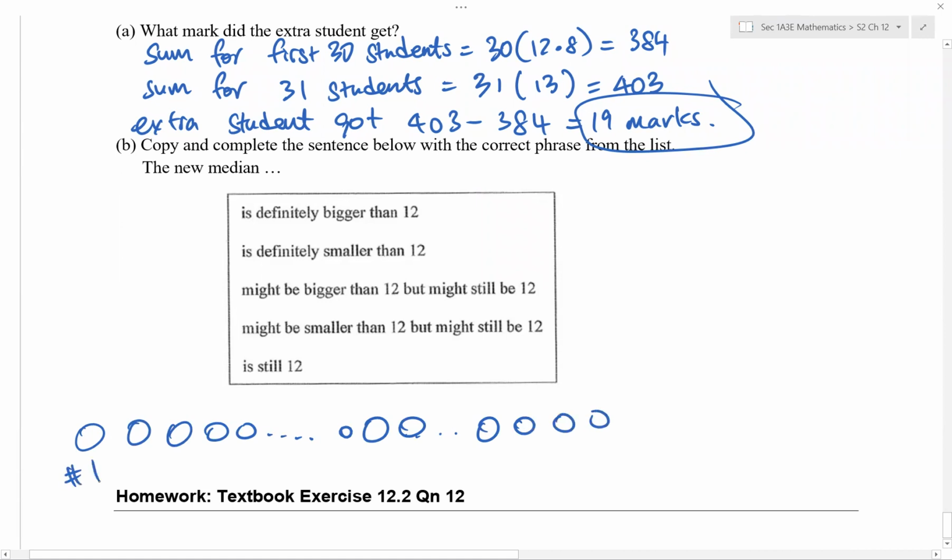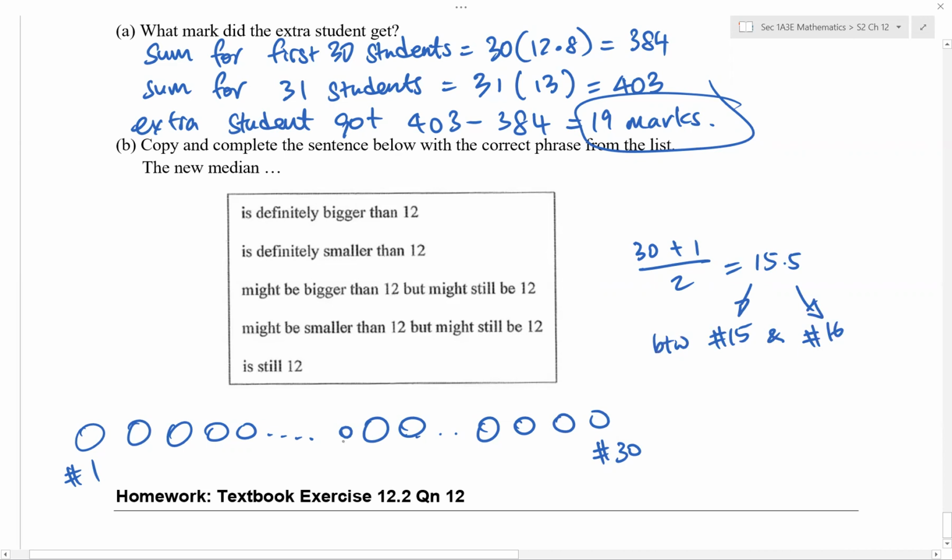This is student number 1. This is student number 30. Okay, the last one. And (30 + 1)/2 is 15.5. In other words, median is between number 15 and number 16. That is where the median position is.